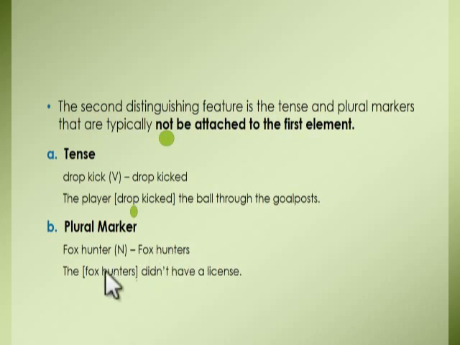So this is the example: the fox hunters didn't have a license. The s is put in the second element, not in the first element. You get the point? Okay.